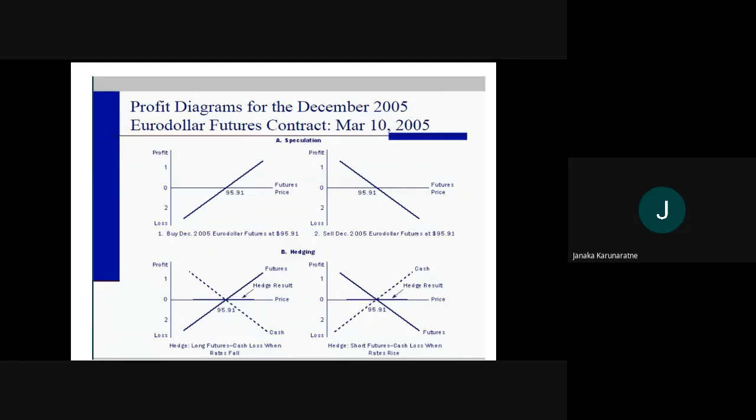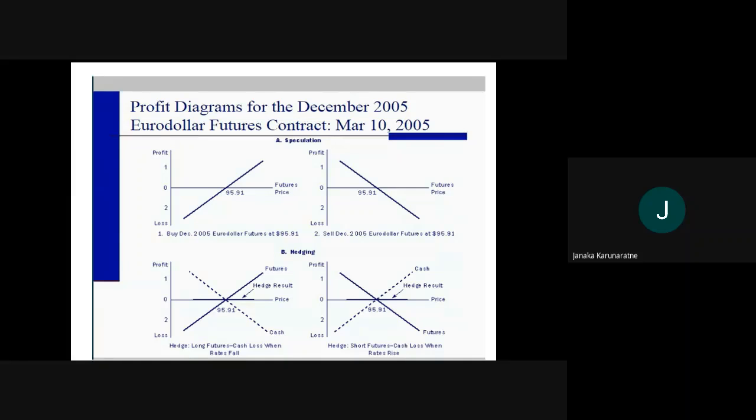The risk scenario is that interest rate goes down, which means in our cash market our investment income will come down. So we hedge using a futures contract. The futures price will be a gain, the cash price will be a loss. So there will be a hedge.